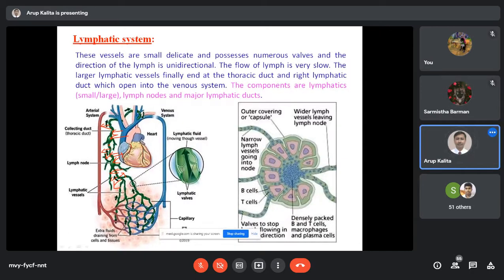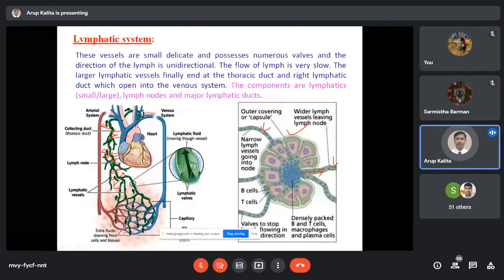Okay. During this process, the lymph will enter into the lymph node. The channel through which the lymph enters the lymph node is called the afferent lymphatic vessel. Here, this is the afferent lymphatic vessel for this lymph node. Once the lymph enters the lymph node, it will carry the lymphocytes along with it, and it will come out from the lymph node via the efferent lymphatic vessels.